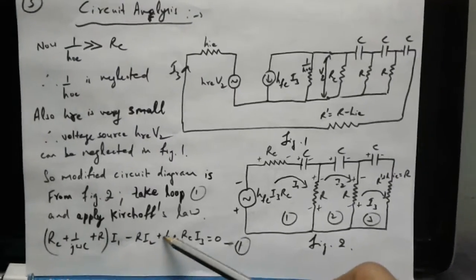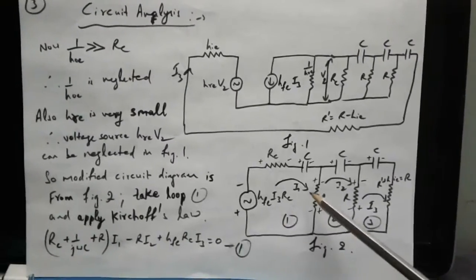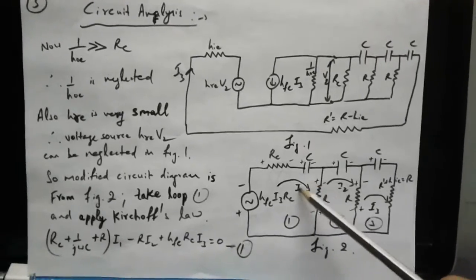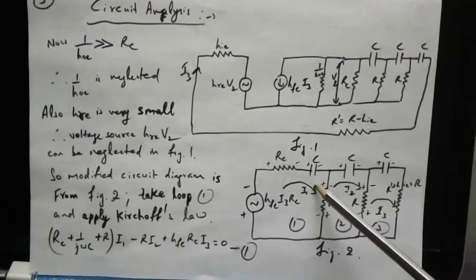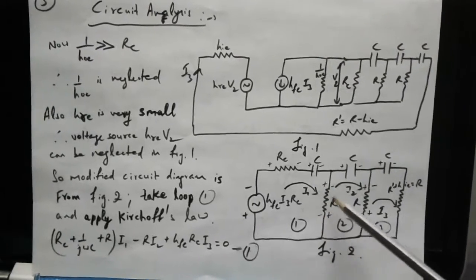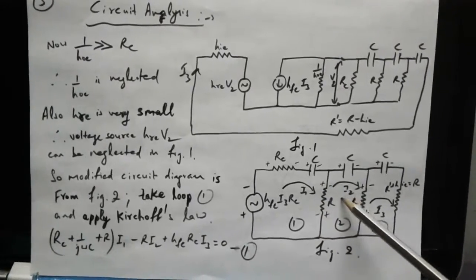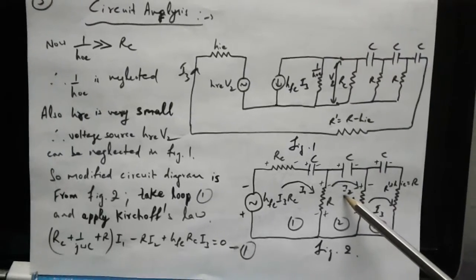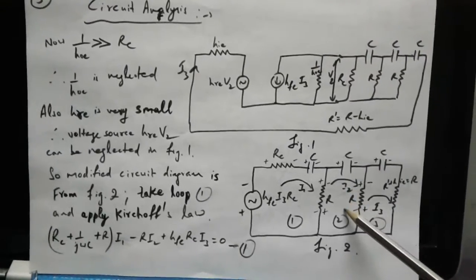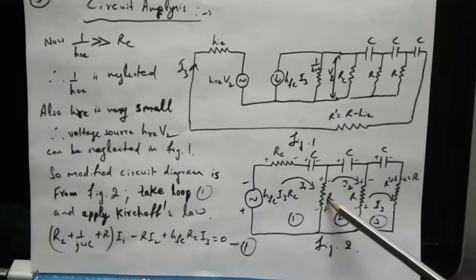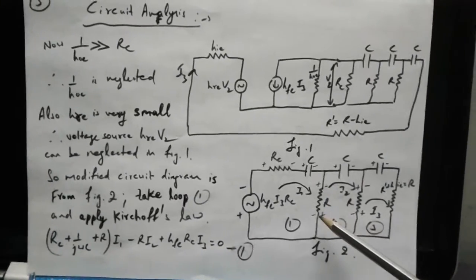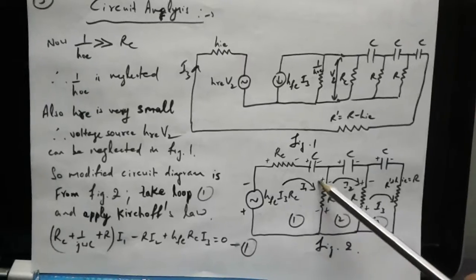How does it become negative? You can see that in the first loop, I3 current goes from positive to negative, while in the second loop there is current I2, and that current is also moving in clockwise direction. So when that current passes through this resistance R, it will go from negative to positive.